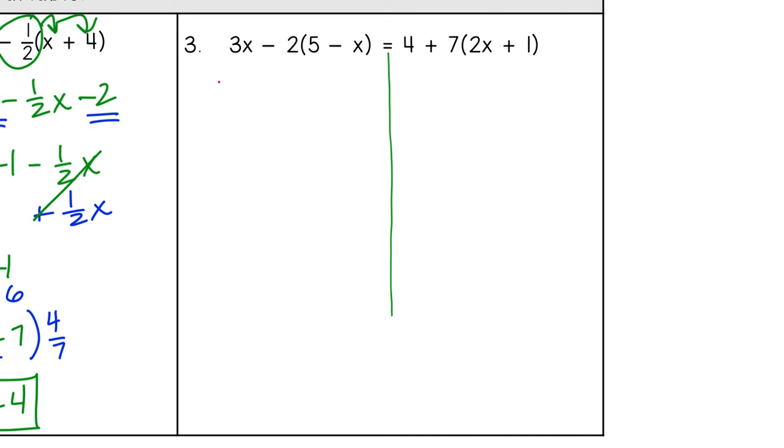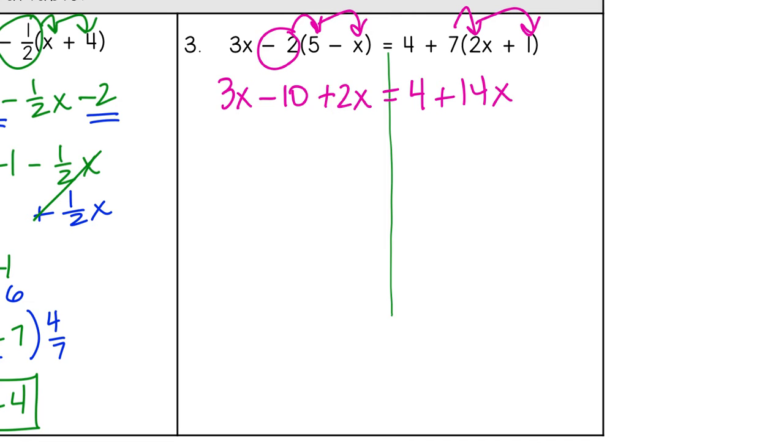So that 3x, we're going to bring it down, but this minus 2 needs to get distributed. So this will be minus 10 plus 2x equals, and then on the other side, same thing happens. The 4, we're just bringing it down, but the 7 needs to get distributed. So plus 14x plus 7.